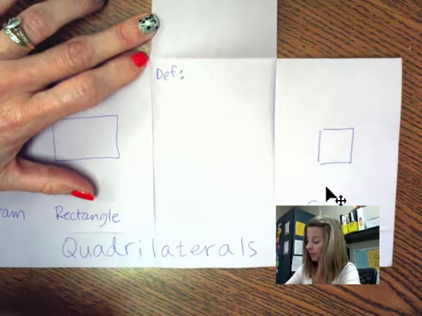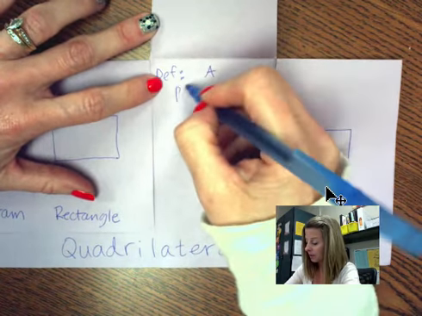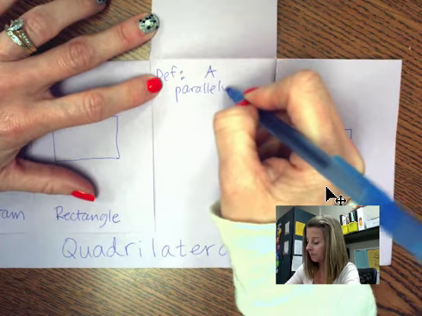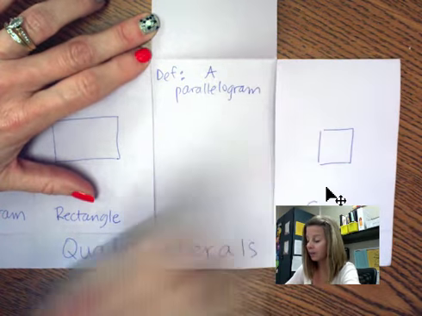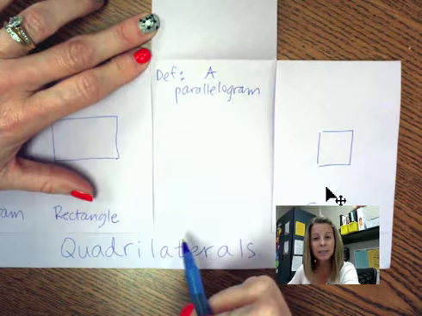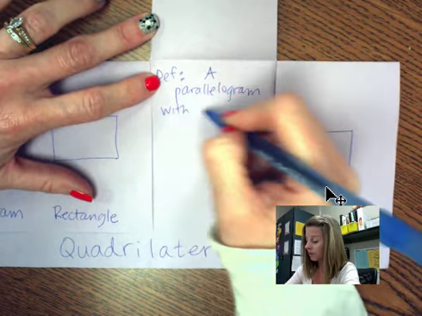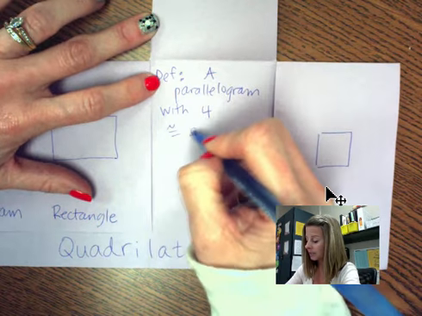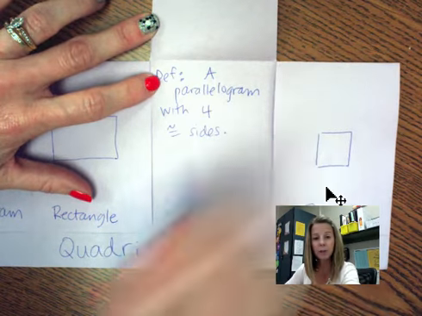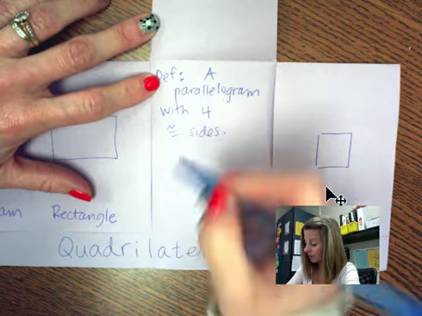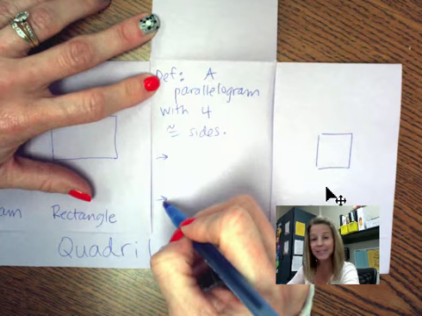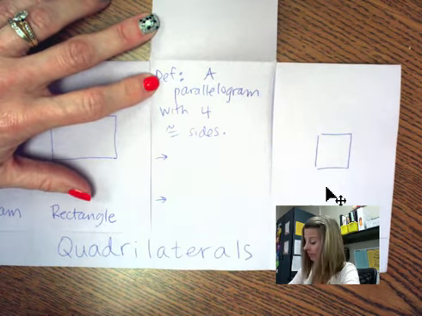It is a parallelogram. And the item that makes it a rhombus is the sides are equal. So a parallelogram with 4 congruent sides. So all 4 sides are the same, but there are 2 more properties besides the 5 that go with parallelogram.